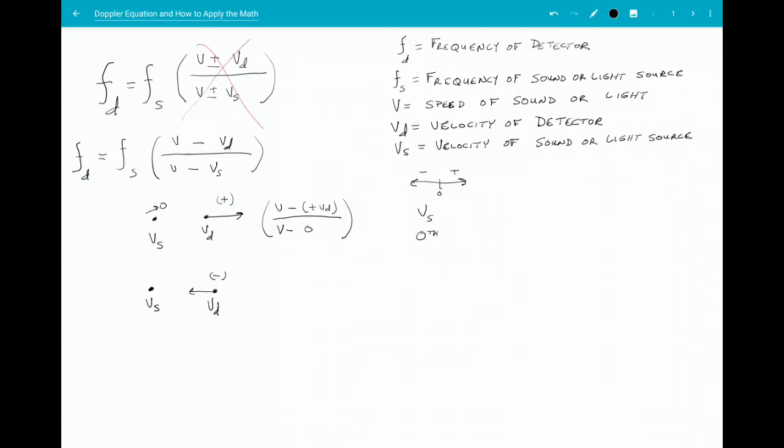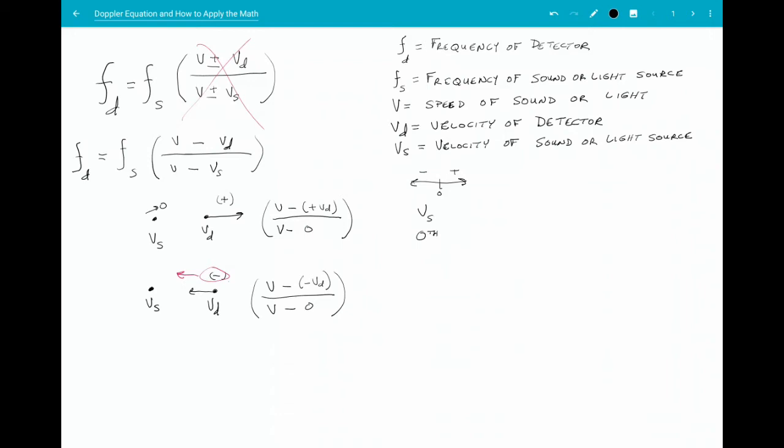So if v sub d is going towards v sub s, that's a negative direction. So when I set this up, it looks like this: v minus a negative v sub d, over v minus zero. And that's how you set up the fraction that you multiply by the frequency of the source.